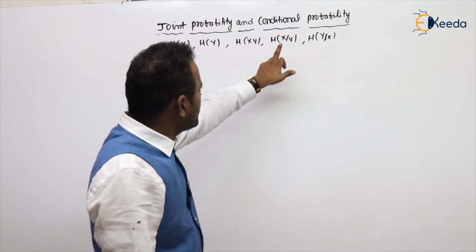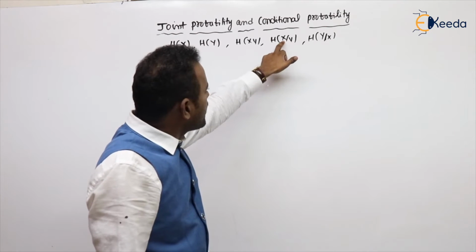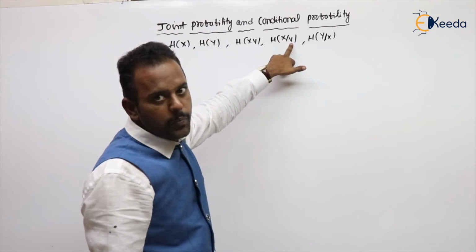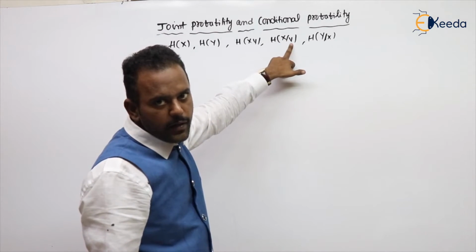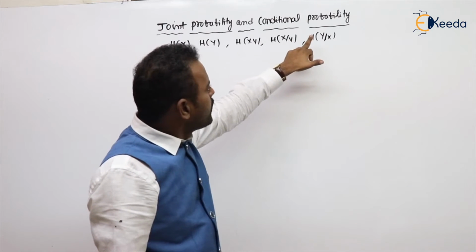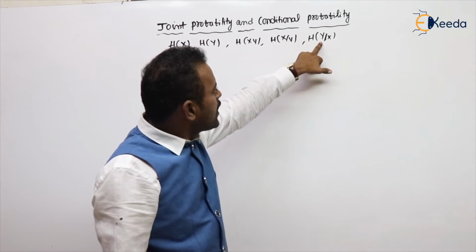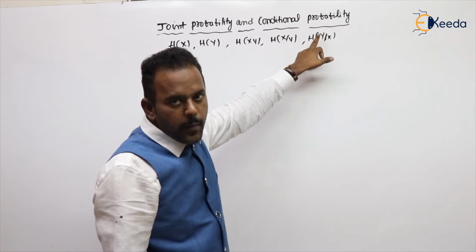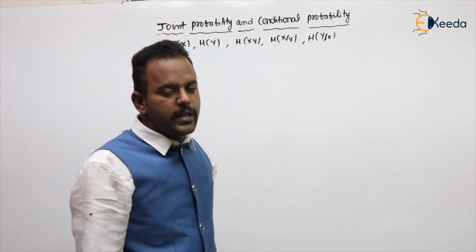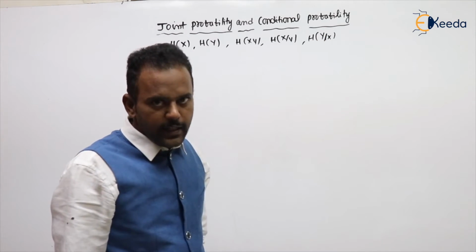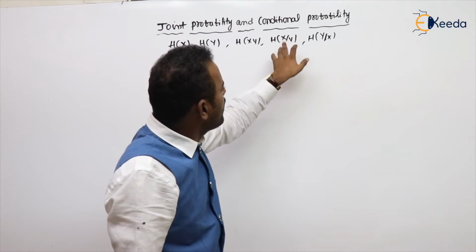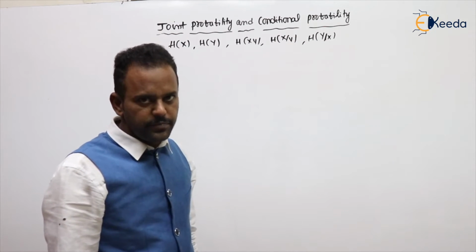Likewise, for H of x by y, we are measuring the transmitter by knowing the received symbol, the output, is y. This will give you the noise or error.